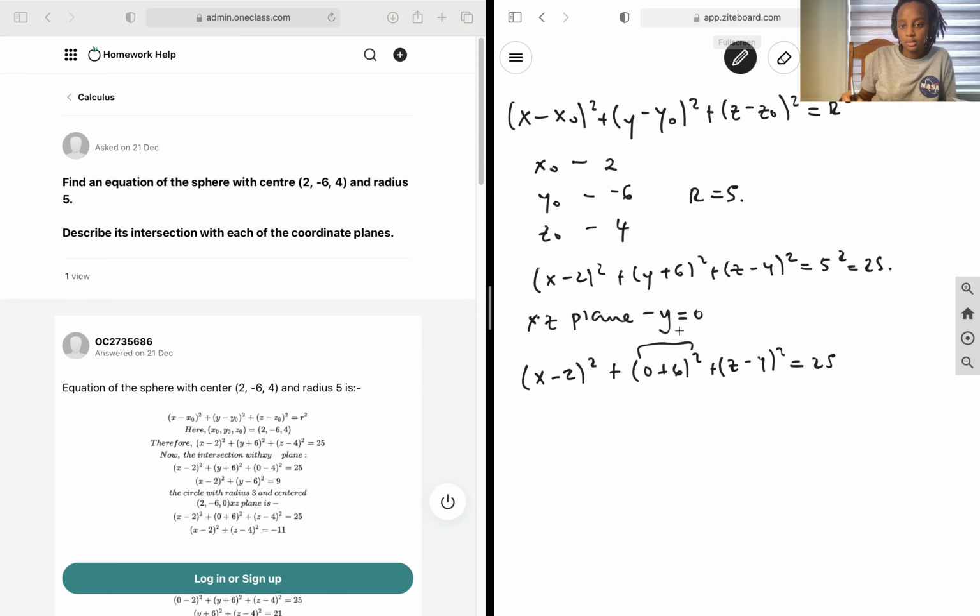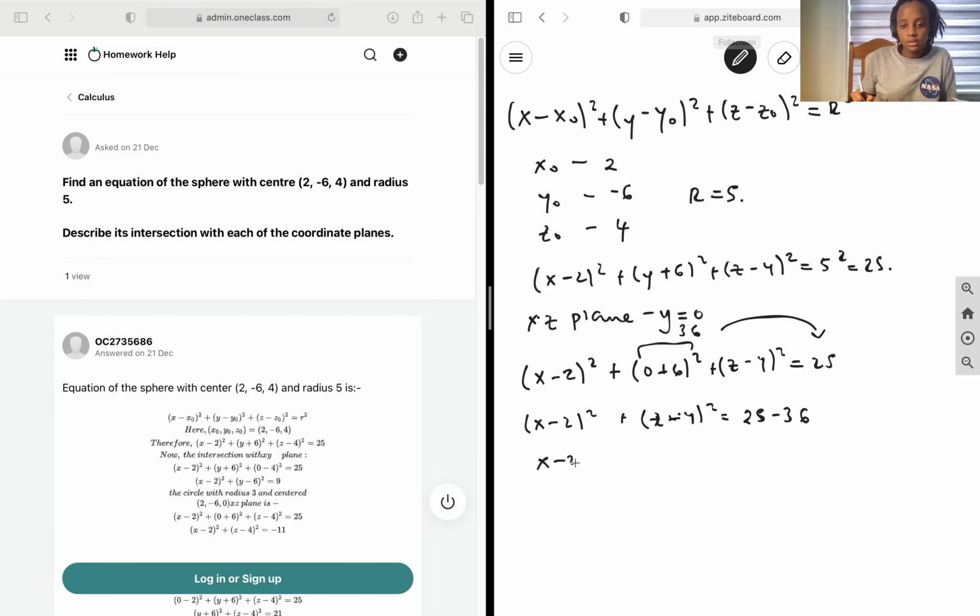This 6 squared is 36. Move that right on over. And we get x minus 2 squared plus z minus 4 squared is equal to 25 minus 36.